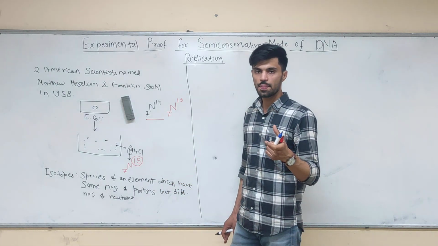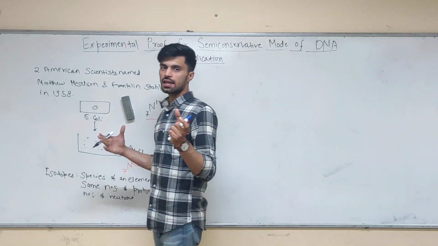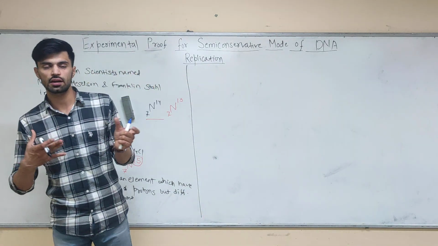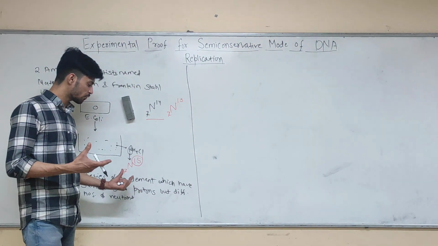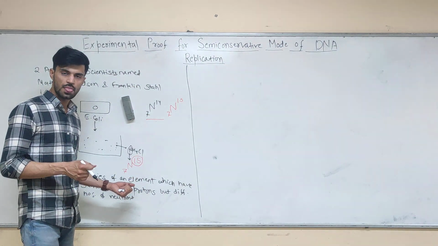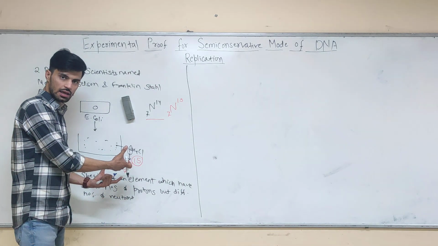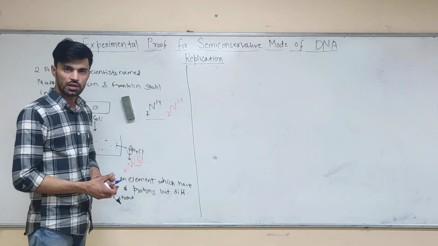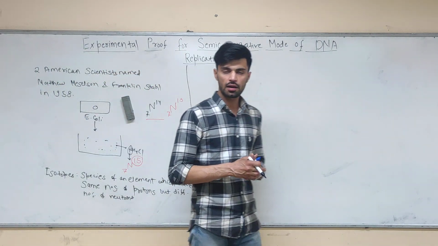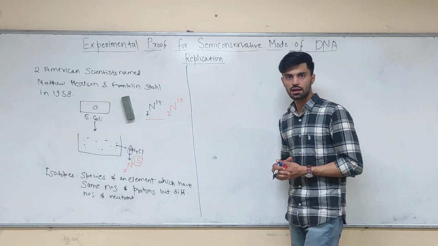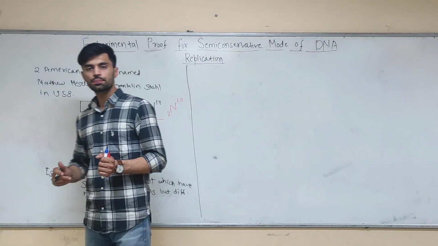Why? Because for many generations E. coli got nutrition of the N15 type of nitrogen only. So if it gets nutrition of N15, then it is obvious that N15 will incorporate into the E. coli's DNA.